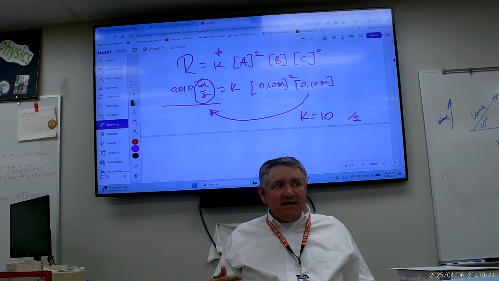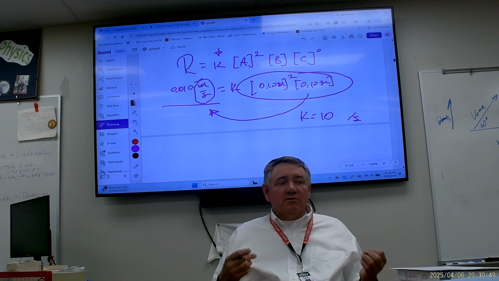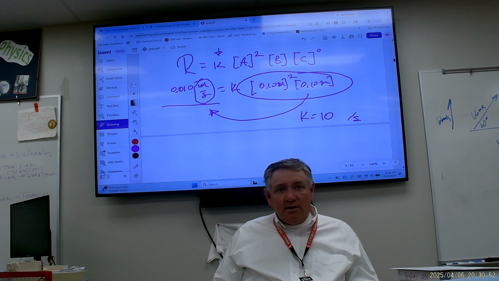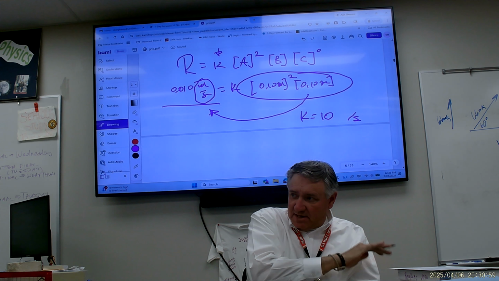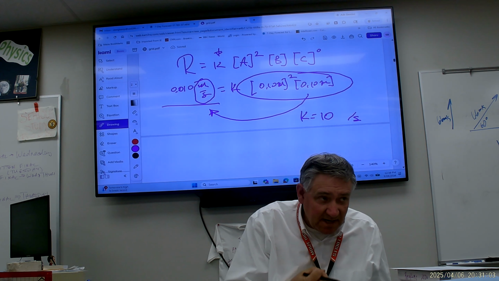Any K value has to have some unit of time in it because the concentrations have no units of time. So the only way that I can introduce time into this is with the value of the rate constant. Nothing else has time in it. So it always has to be time. That's where you introduce it in a second.